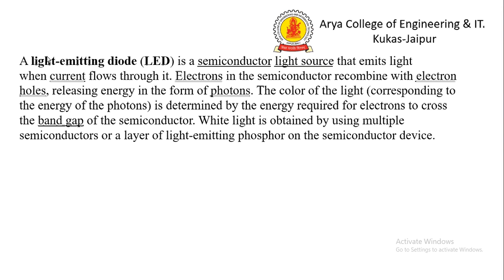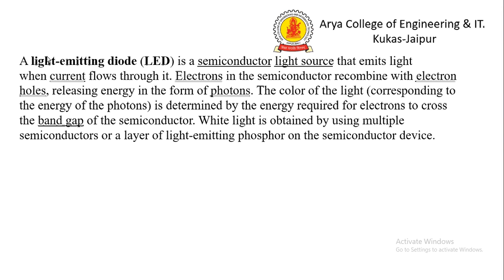So basically, a light emitting diode is a semiconductor light source that emits light when current flows through it. Basically, a light emitting diode is a diode. When the current flows through it, it emits light. Electrons in the semiconductor recombine with electron holes, releasing energy in the form of photons.